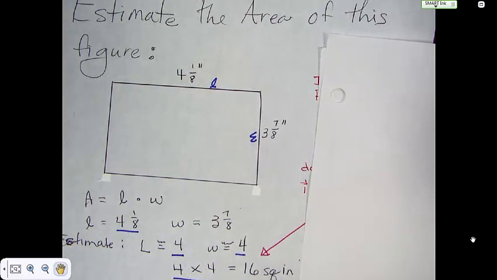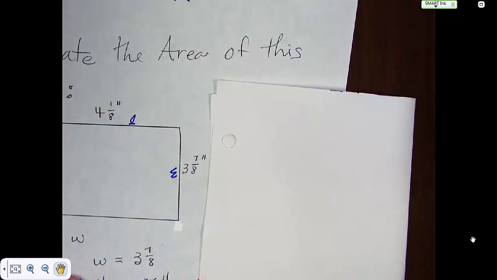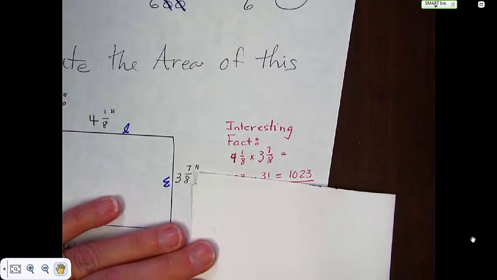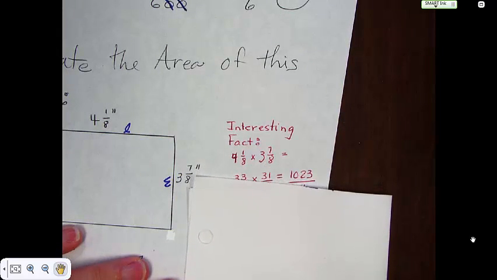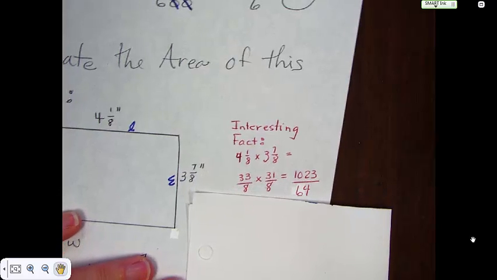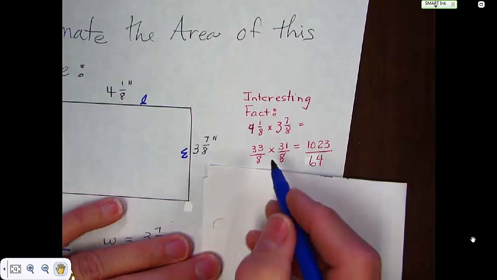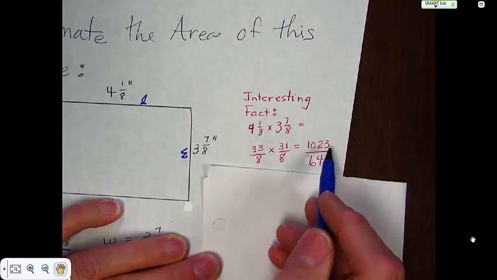Now, I went ahead and did the math with the actual measurements, and you'd be surprised what I found out. Here's the interesting fact. If I take 4 1/8 times 3 7/8, I put them as improper fractions, and I actually do the math and multiply. 33 times 31 is 1,023, and yes, I did use a calculator for that.